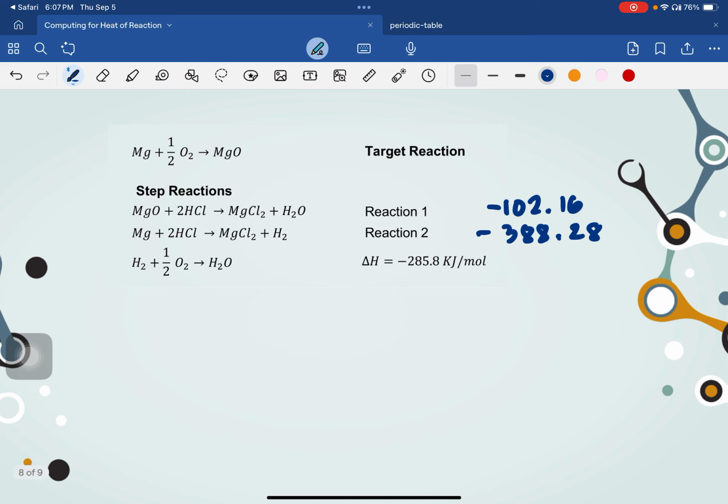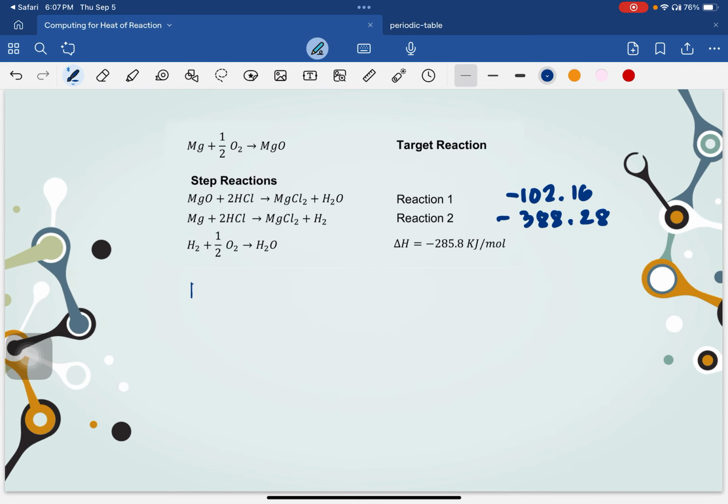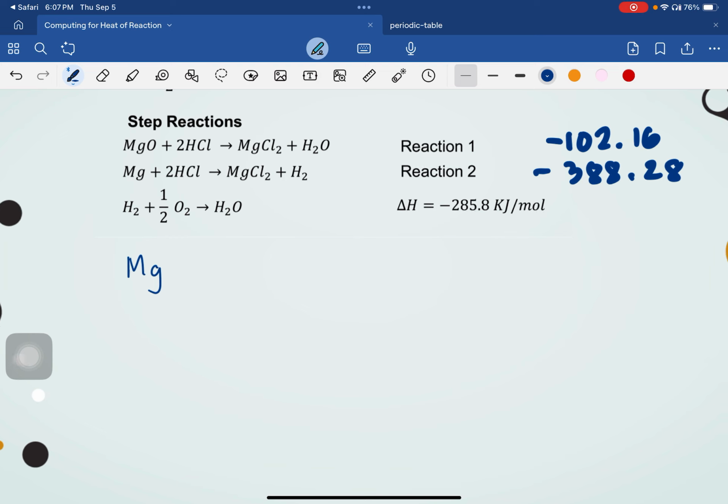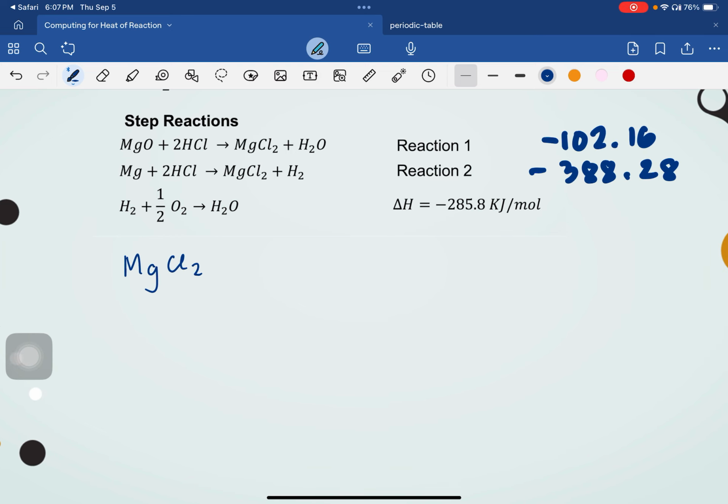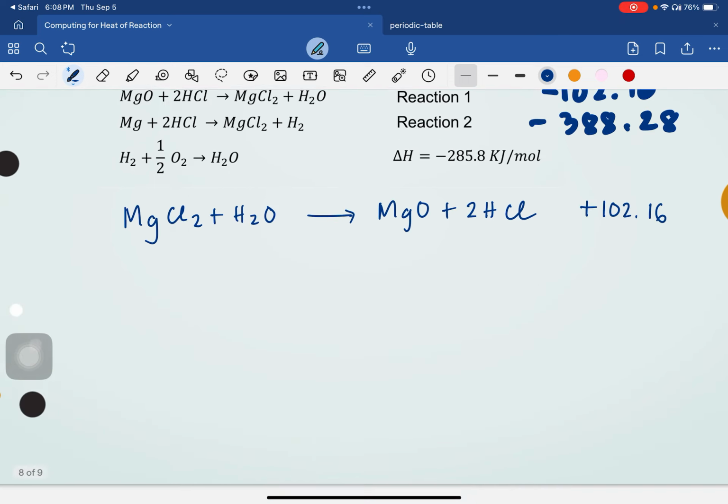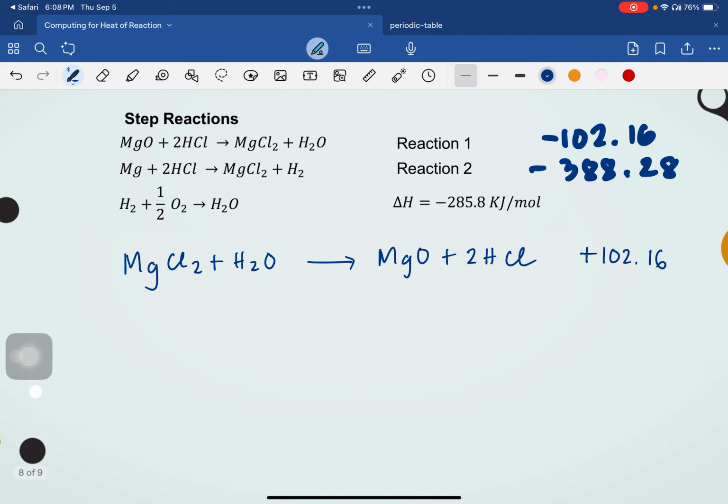So that will mean MgCl2 plus water yields MgO plus 2HCl. And then since we did an inversion, we can say that this is positive 102.16. And then the second one, do we need to reverse the reaction? I don't think so because we need Mg on the left side.